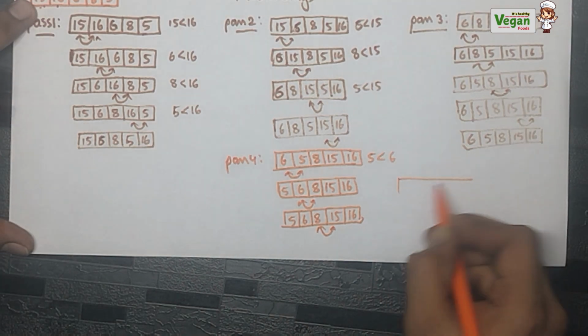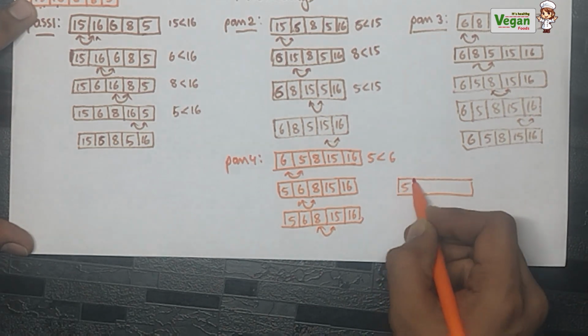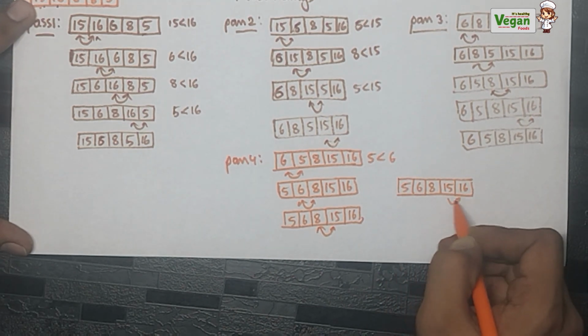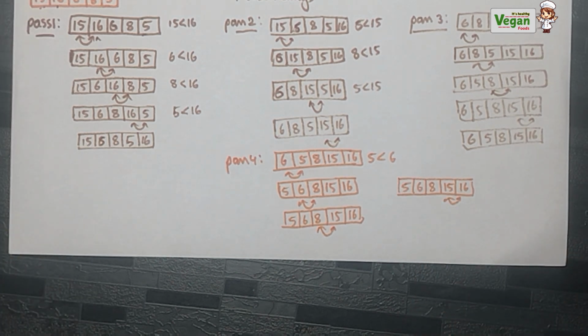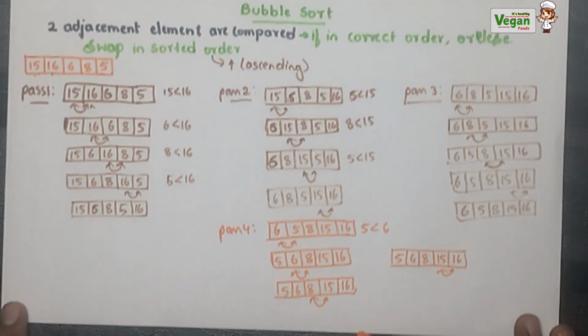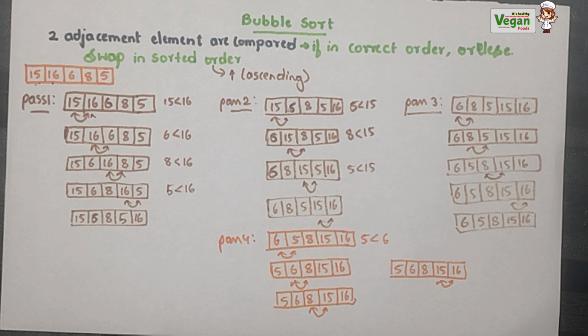Next, compare 15 and 16: 15 is less than 16, so it is also correct. So we see 5, 6, 8, 15, 16. We have arranged in ascending order, that is, the increasing order of the numbers.